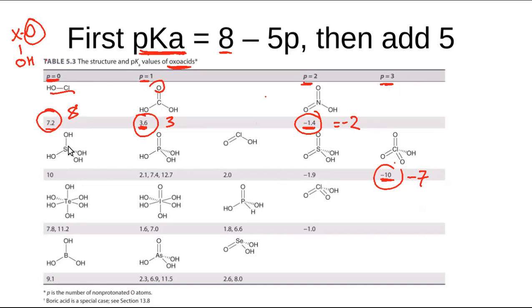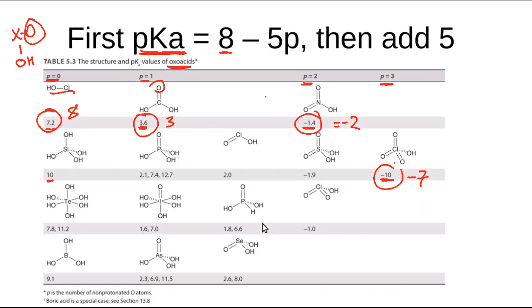So this is in principle a 4-valued acid, but since it's very weak, it's maybe not easy to get rid of more than one hydrogen ion.